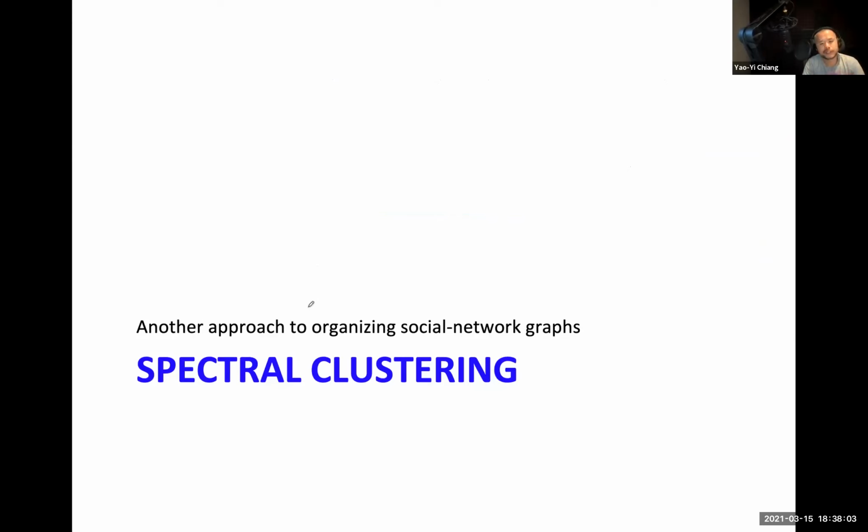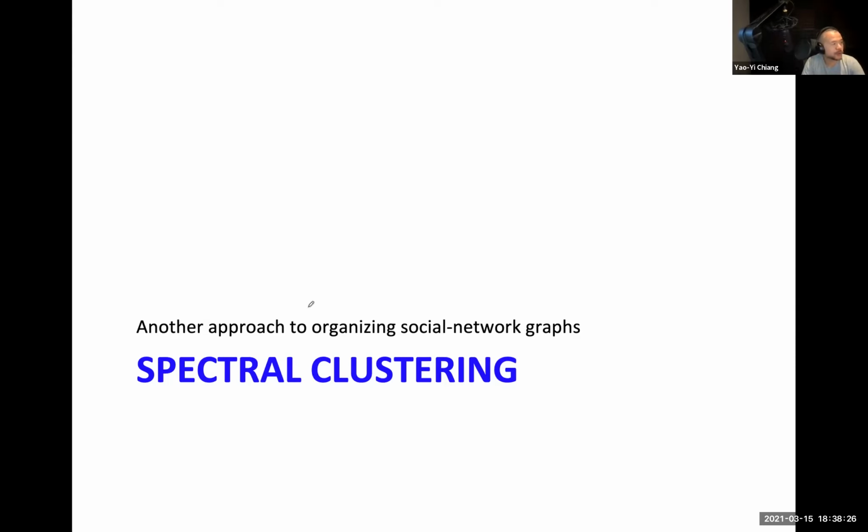This modularity concept is very useful. It's not just useful for the Girvan-Newman approach. You can use it as an evaluation metric to evaluate different graph partitioning algorithms to see if they would generate a community structure that has a high modularity score.